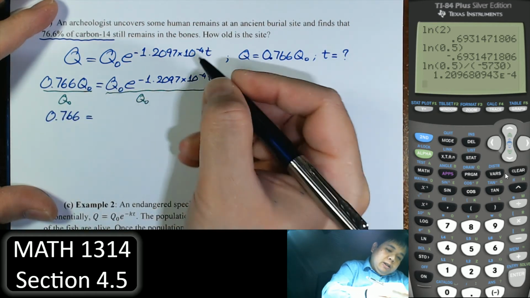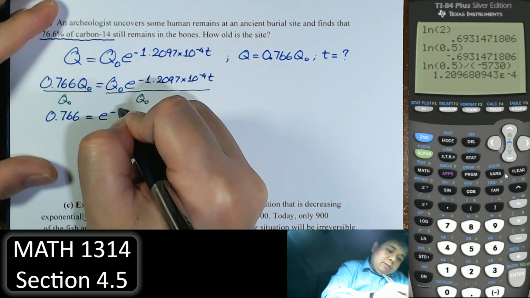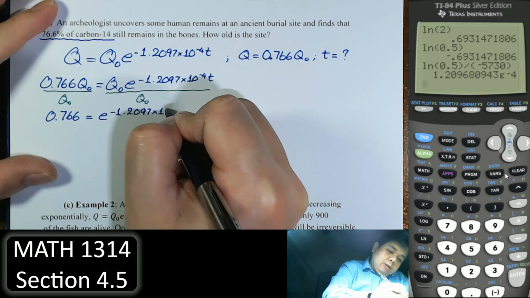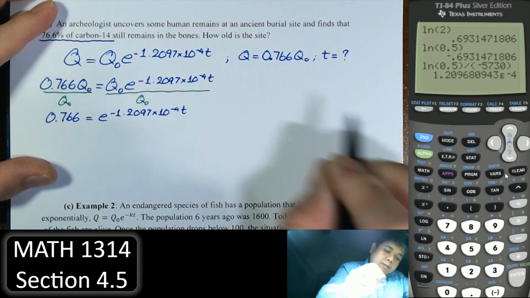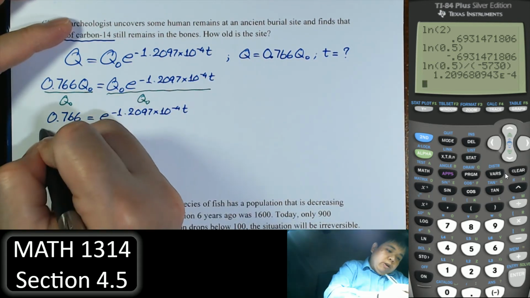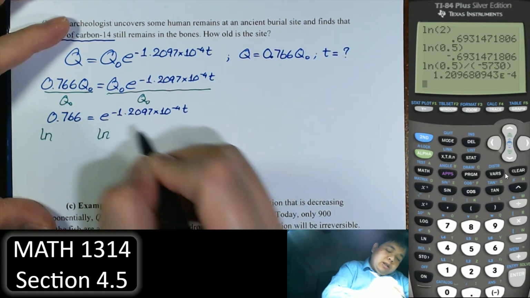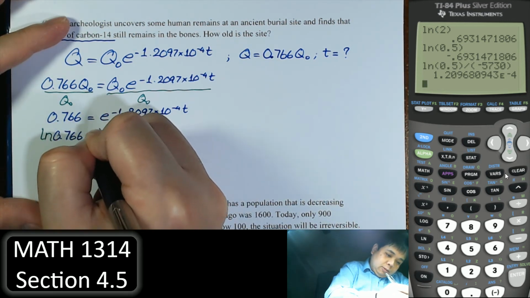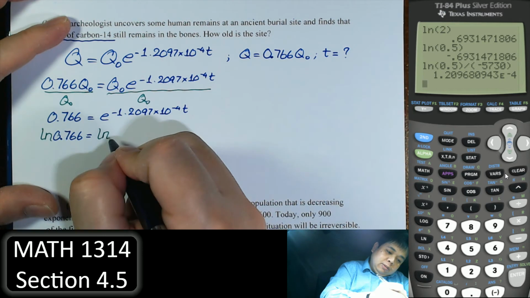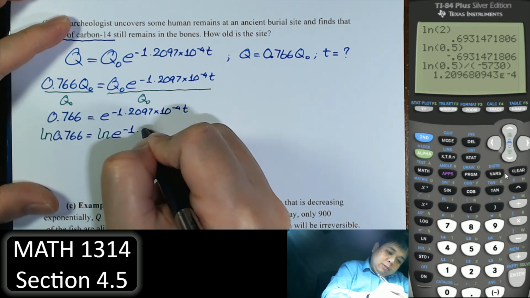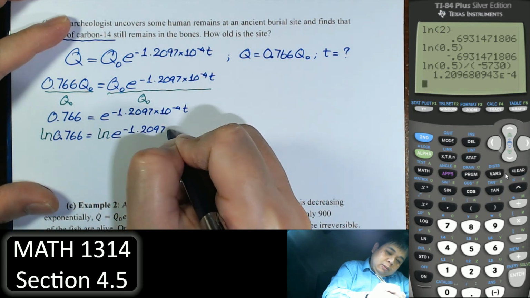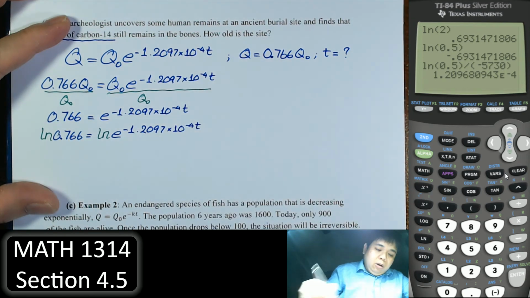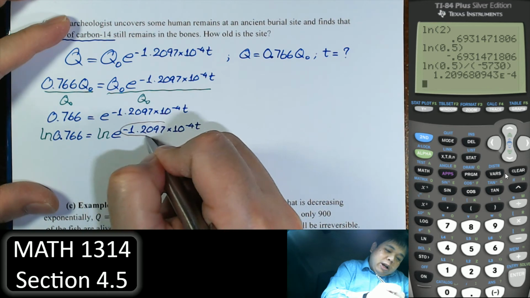We have 0.766. So to solve for the exponent, take ln on both sides, so we can take the exponent outside.